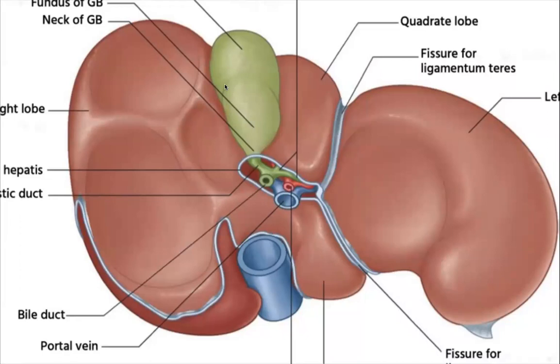So if they ask you what is the blood supply of the liver, that will also give blood supply to the stomach, what are you going to say? The common hepatic artery. Because it is coming from the celiac trunk, correct? And the celiac trunk will also supply blood to the stomach.